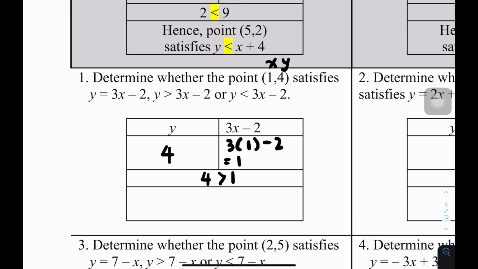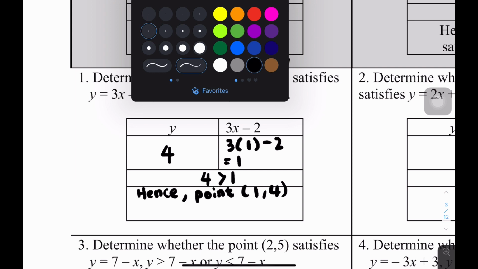So hence point 1, 4. Okay, sekejap, besar pula dia punya ni.